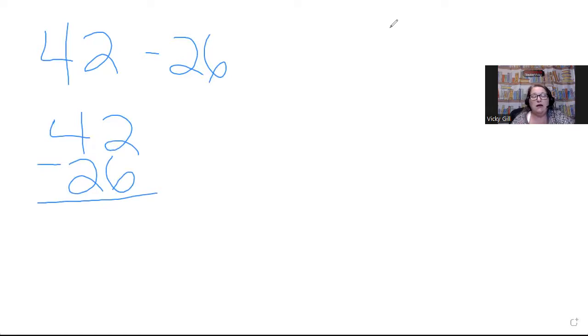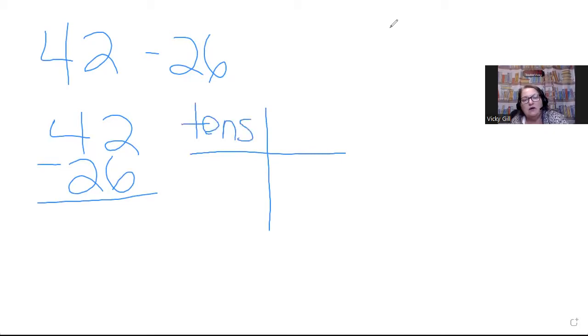You and I know in our head, we're going to have to subtract, but you can't subtract 6 from 2. So we're going to have to do a representation: tens, ones. I'm doing this for a visual.